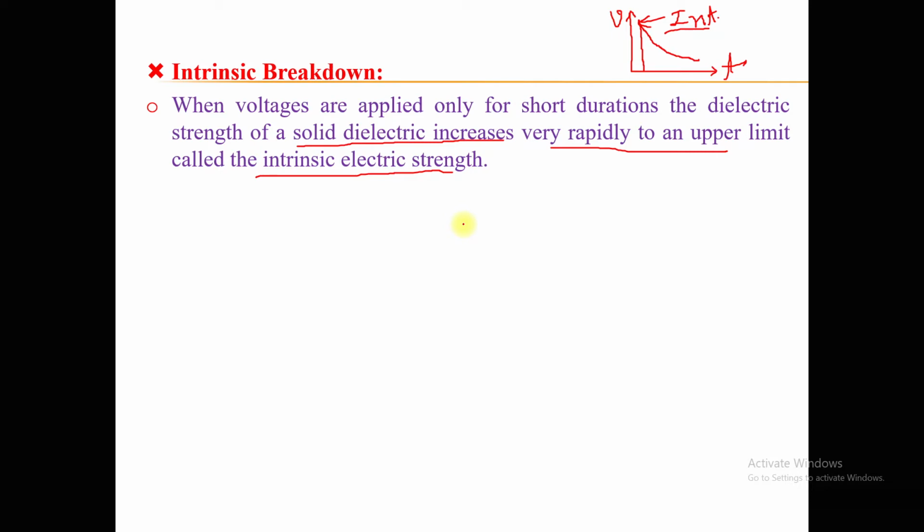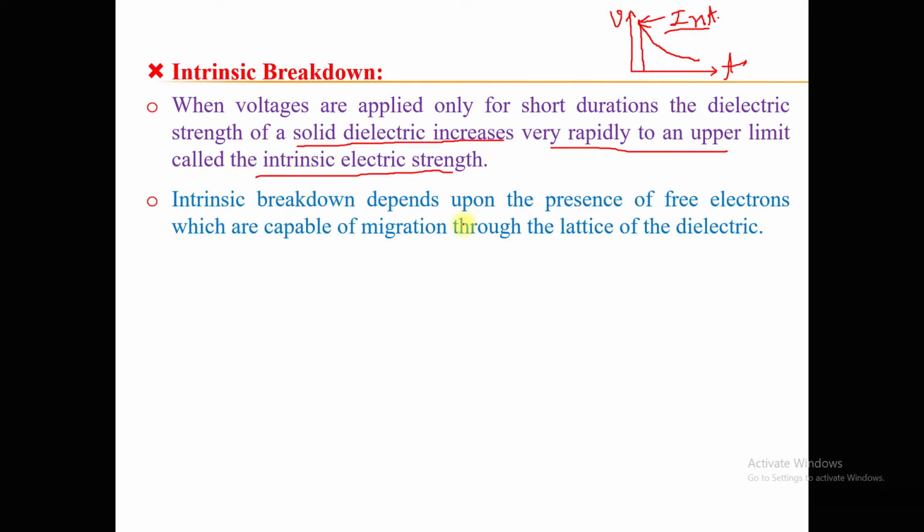But when the voltage across it becomes more than its withstanding capacity, instantly the material collapses. So the intrinsic strength normally defines the electrical stress withstanding capacity of a given dielectric material when a very high magnitude of voltage for a very short duration is being applied.